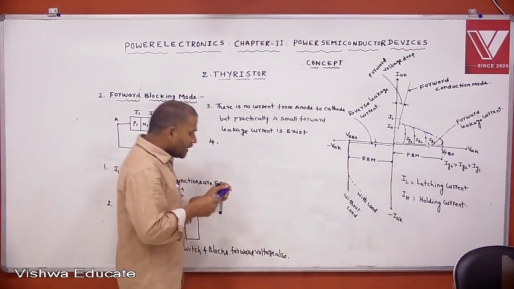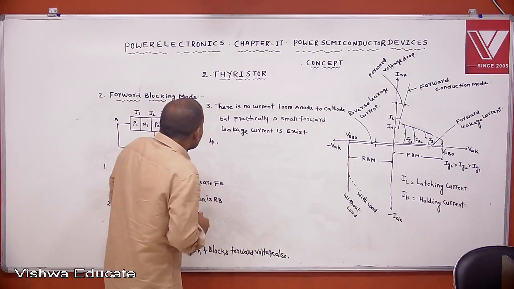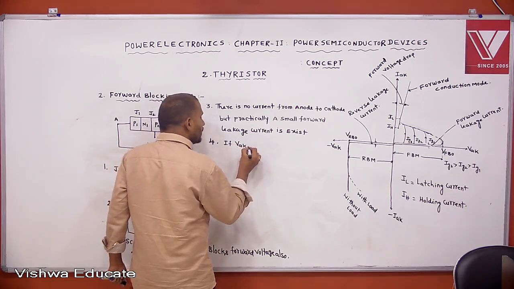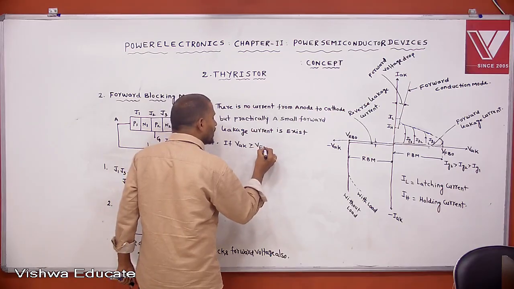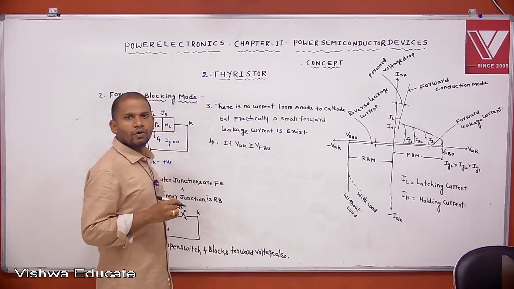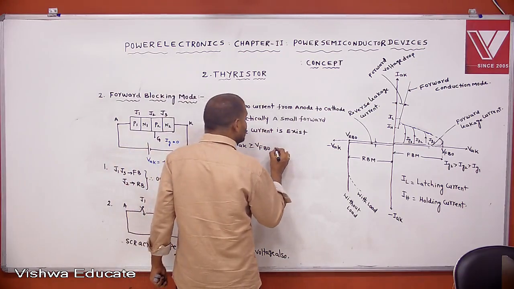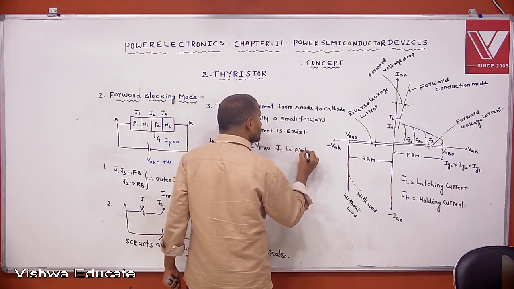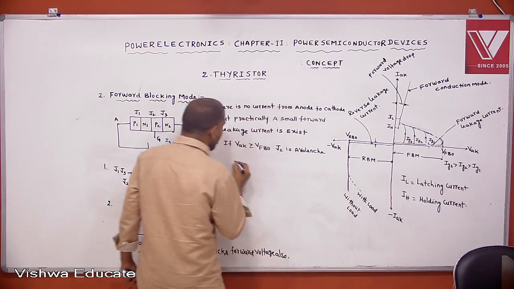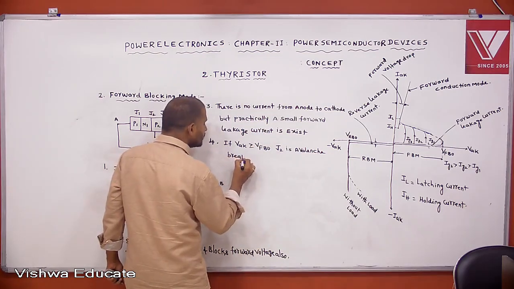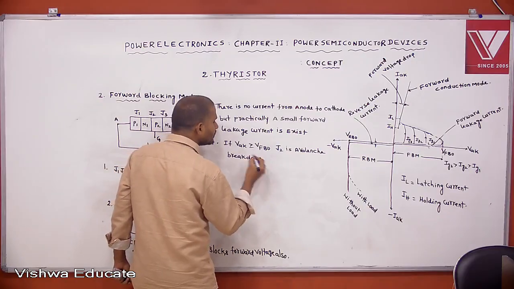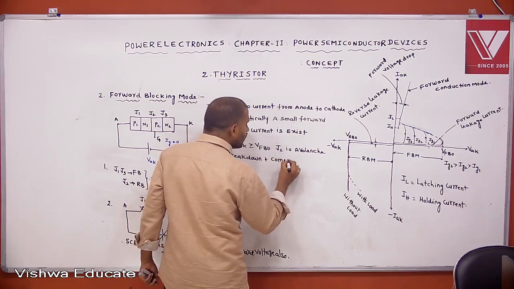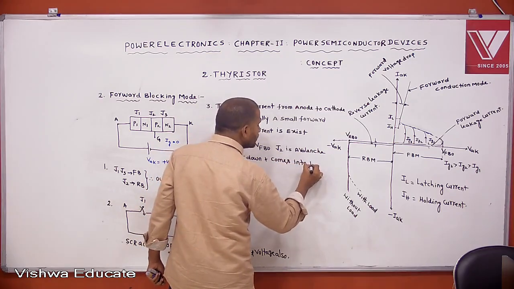That is, if VAK is greater than or equal to VFB0, what happens? J2 is in avalanche breakdown and comes into forward conduction mode.